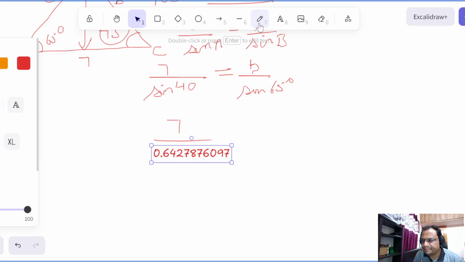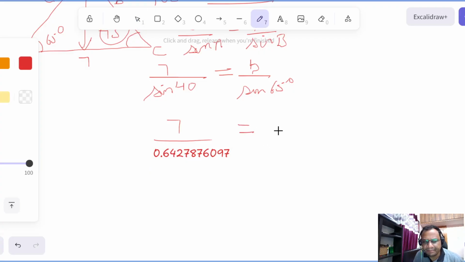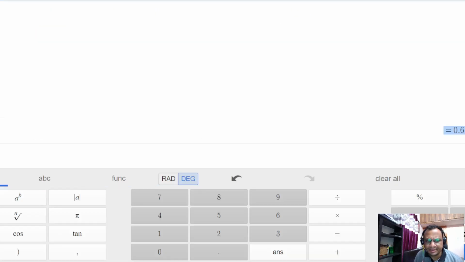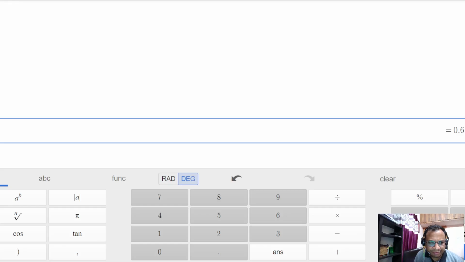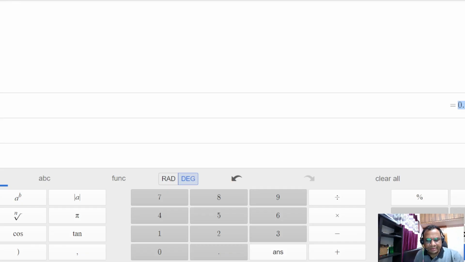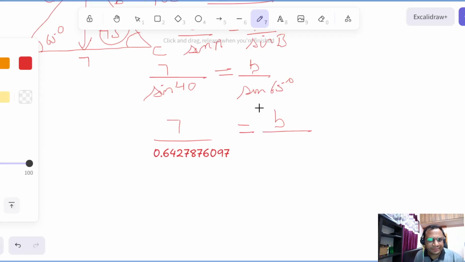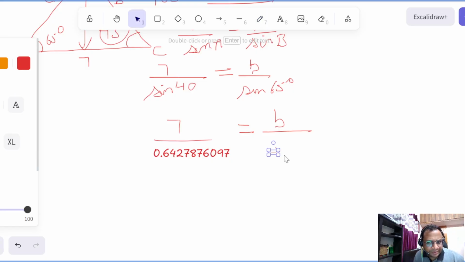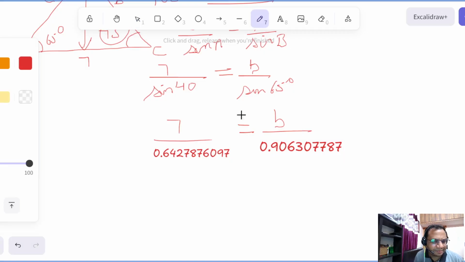Equal to b, which we don't know, but sine 65 we can calculate. Again, we'll go to the Desmos calculator, and instead of 40, we'll type 65. So we got this value, and we'll paste it over here. Now it's all about cross multiplication. This value will get multiplied with 7, and this will get multiplied over b.